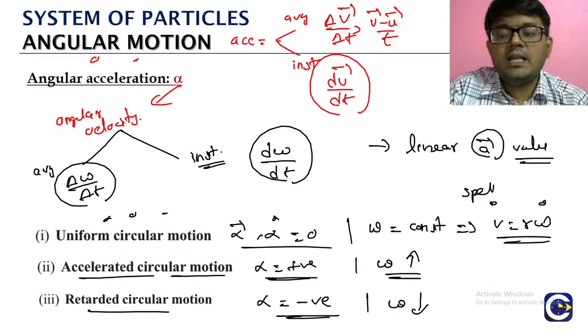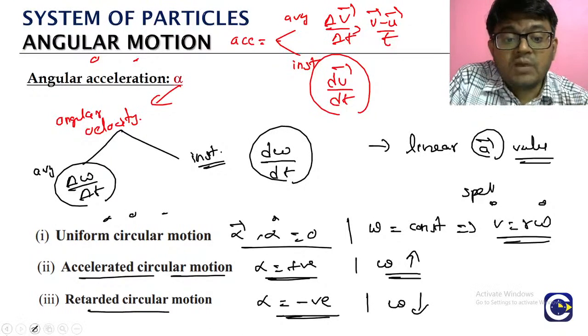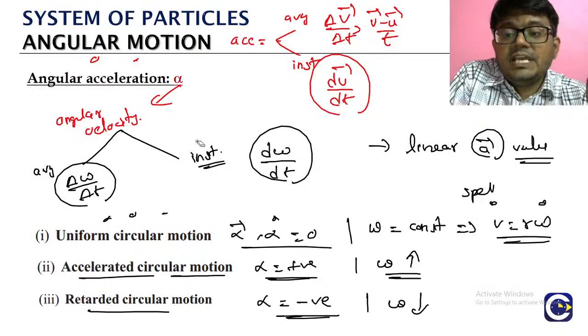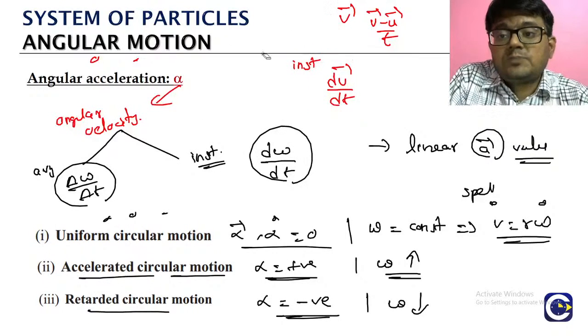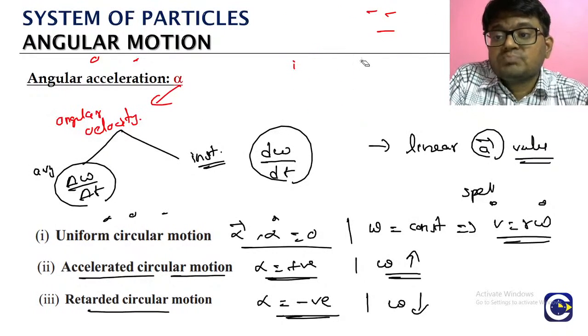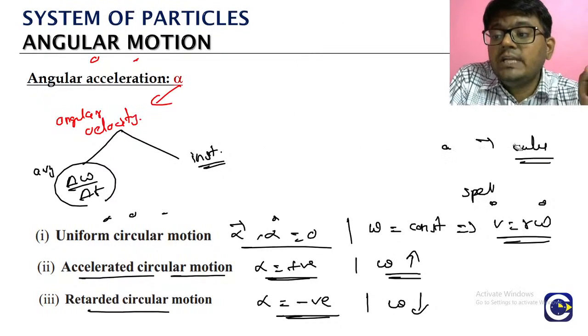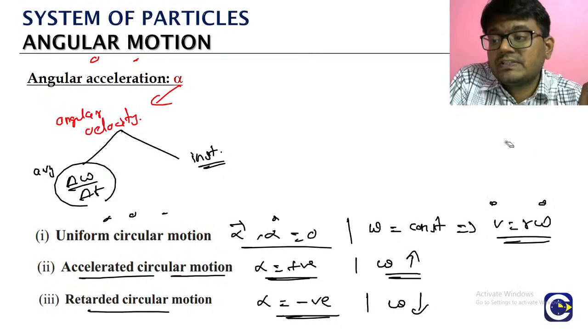So like the way we do in 1D motion, the angular displacement, angular velocity and angular acceleration all have only two possible directions.